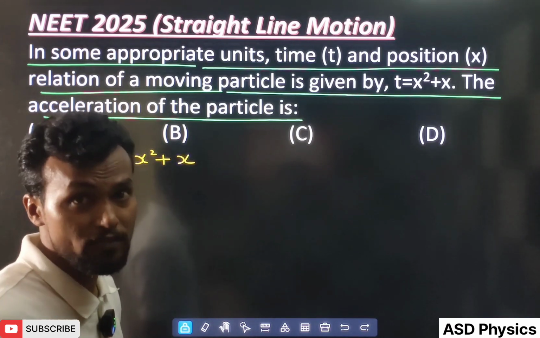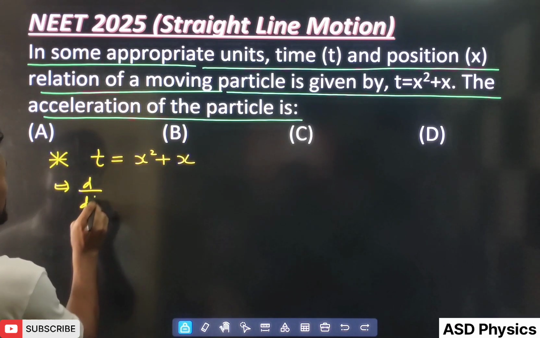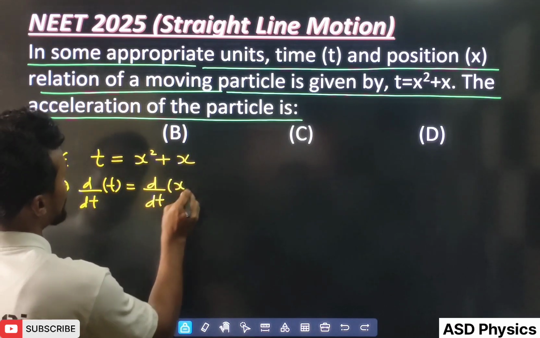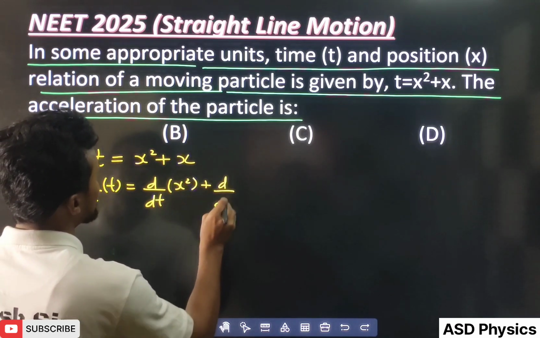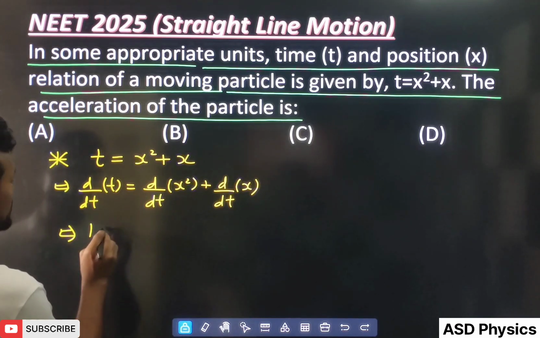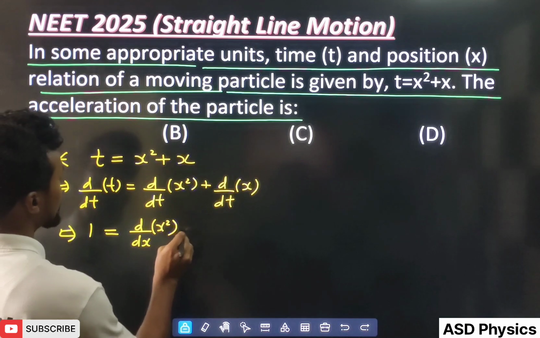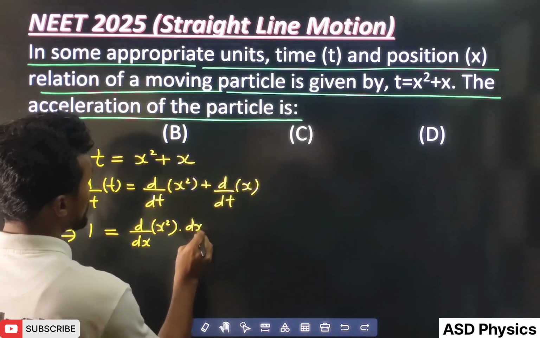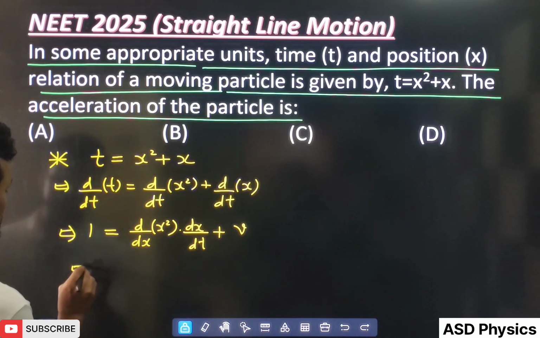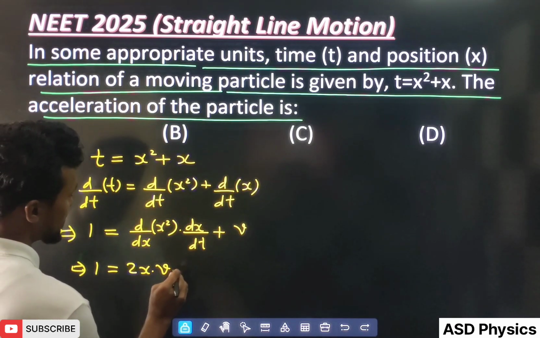Both sides I will differentiate with respect to time. So d by dt of t is equal to d by dt of x square plus d by dt of x. d by dt of t is 1, and here we have to use the chain rule: d by dx of x square into dx by dt, plus dx by dt, which is v.